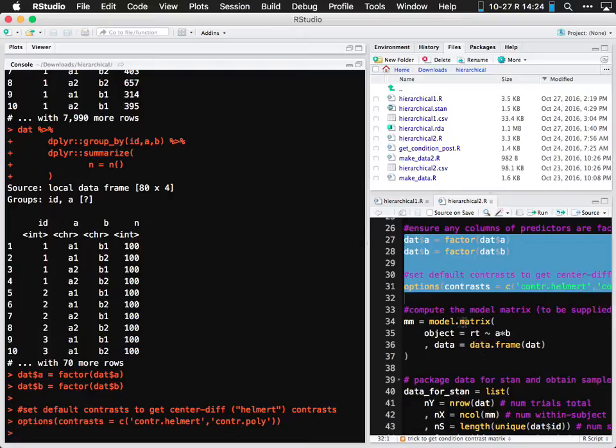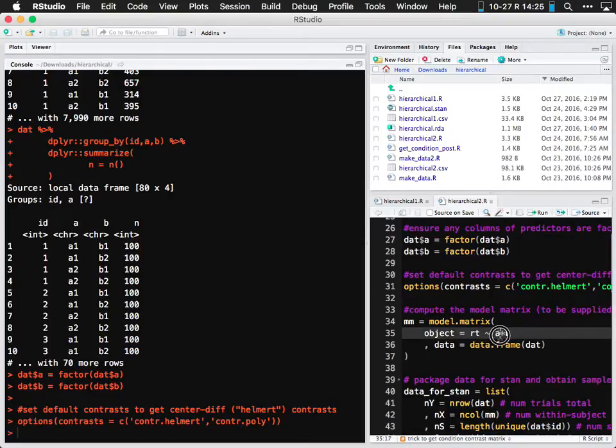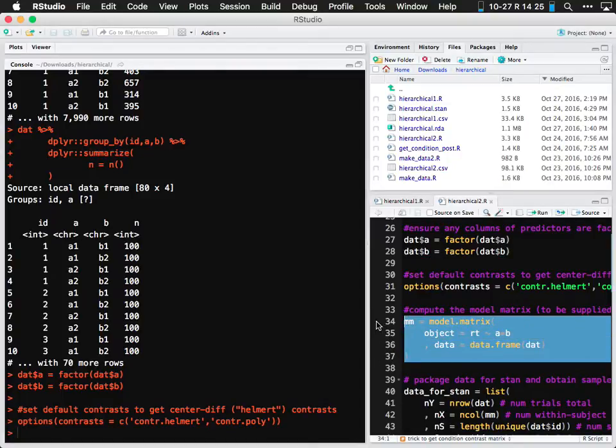But now, instead of having to hand create a new column that encodes the A thing as either negative 0.5 and 0.5, and the B thing as either negative 0.5 and 0.5, and then figure out how to code the column that corresponds to the interaction between A and B, this will just automatically create all 3 of those things.